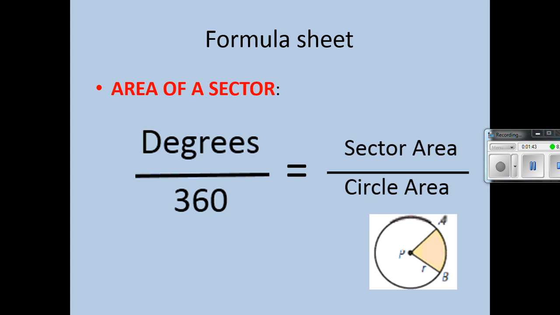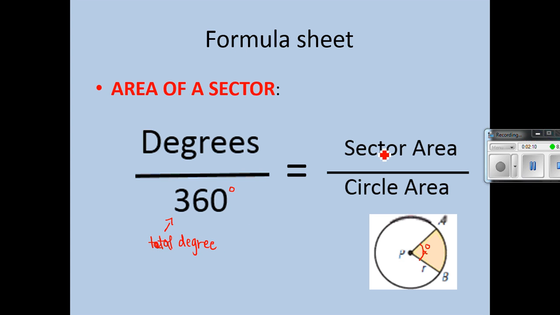In your formula sheet, under area of sector, you're going to want to write this formula down. This is the degrees of the piece. So it's this little degree part, okay? So it's the degrees of the little piece over the total degrees. Remember, part to total. So this is again the total degrees, okay?